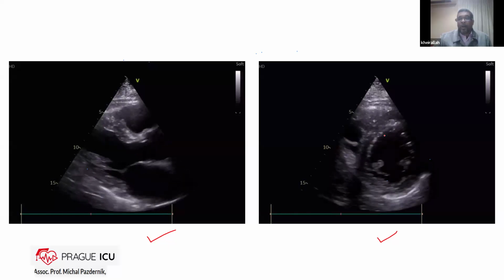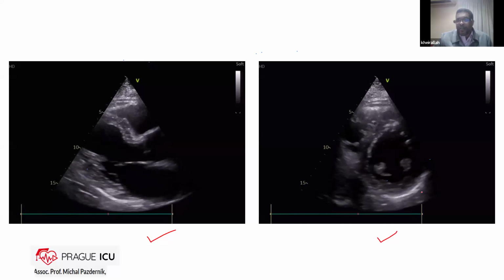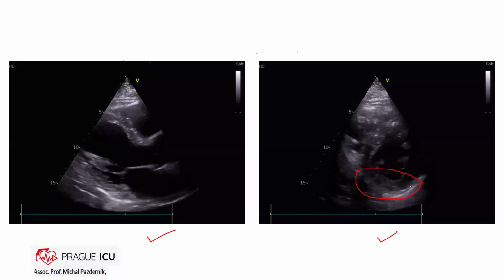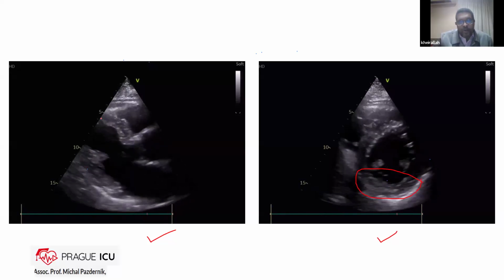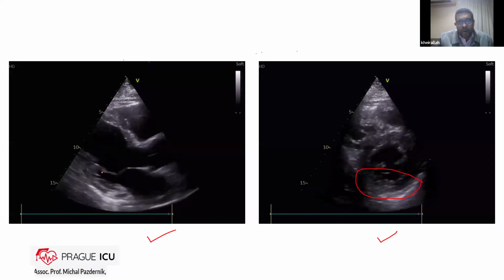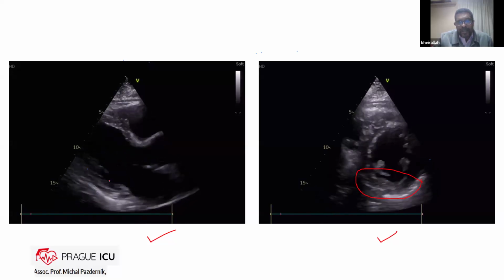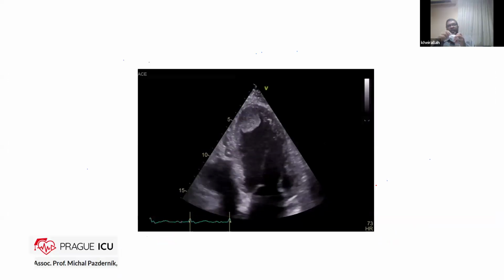Okay, hypokinesis where? Inferior. Very good. So you see, it is in the inferolateral and the inferior. And also when you look in here, this is the anterior septum, and look at this wall in comparison to the contractility here, it's hypokinetic. Yes. Posterior. Very good.